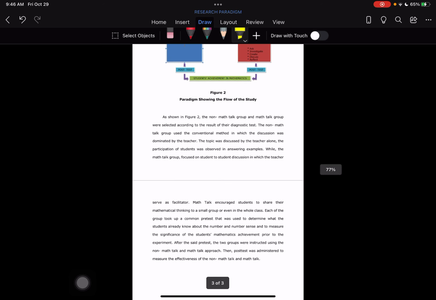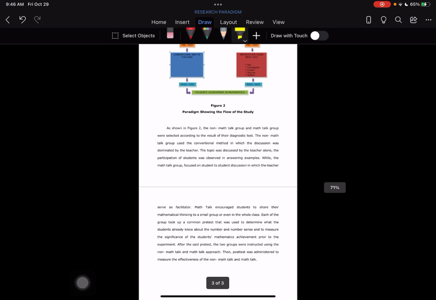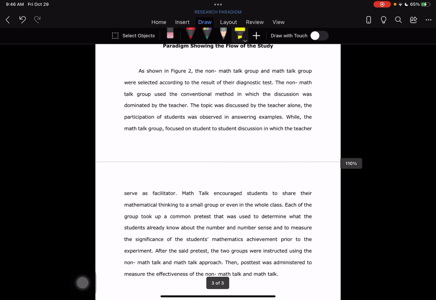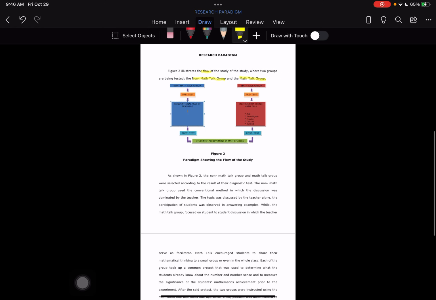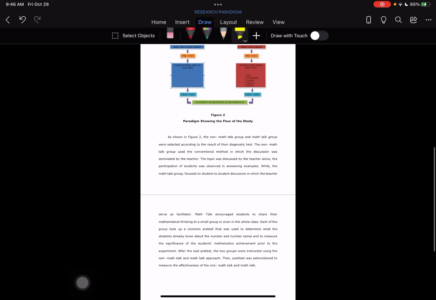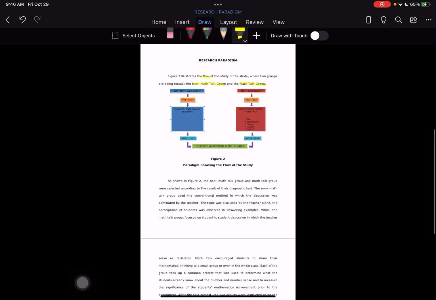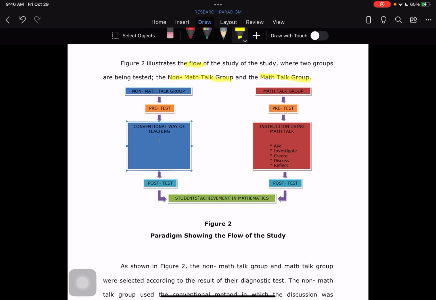So in this case, this was only presented in a few sentences combined in one paragraph, in one long paragraph. Okay, so this is what a research paradigm looks like in an actual study using an experimental research, using the dependent and independent variable model.